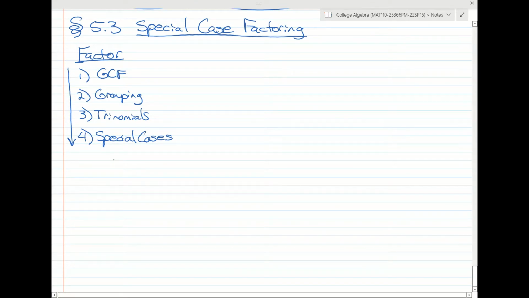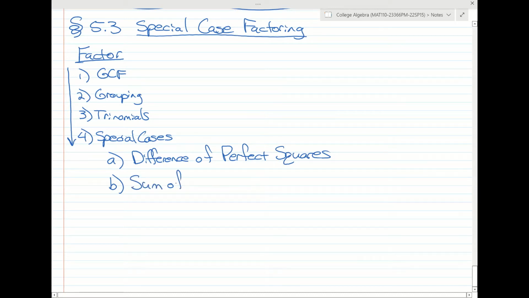There are 3 different kinds of special cases. There's what's called the difference of perfect squares. There's a sum of perfect cubes.